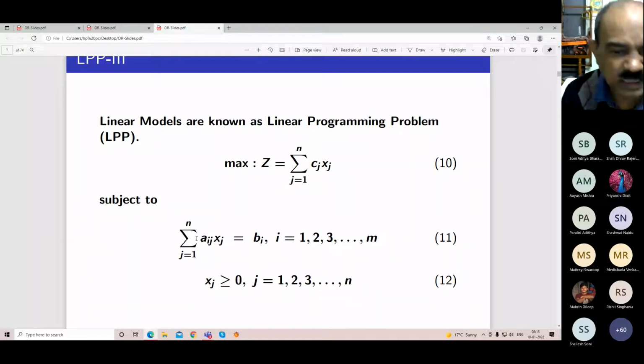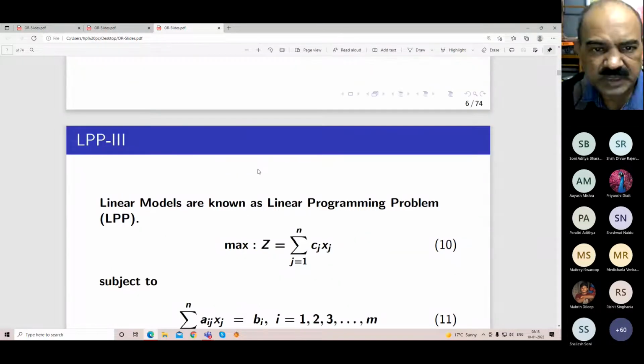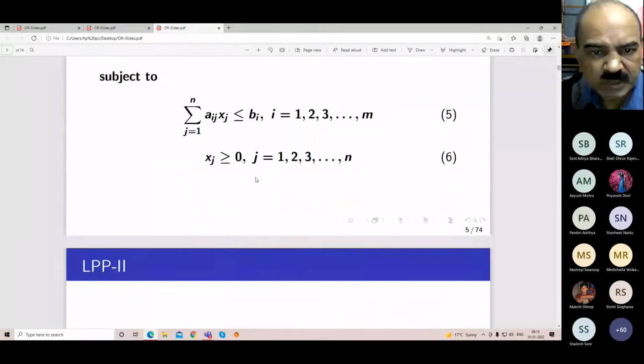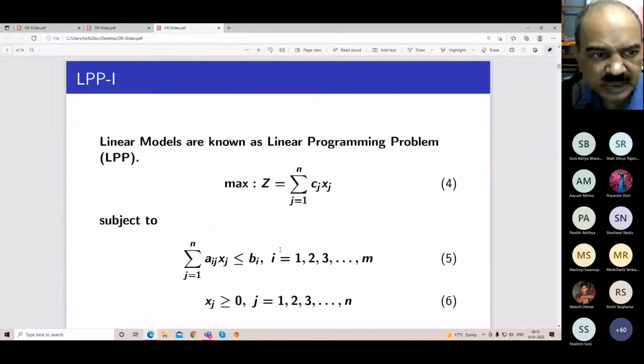If you compare 1, 2, 3, earlier I took inequations. In LPP model 1, in equation 5, there are m constraints, and all these constraints are inequations. That is, these less than or equal type inequations are known as type 1 inequations. There are m number of type 1 inequations.